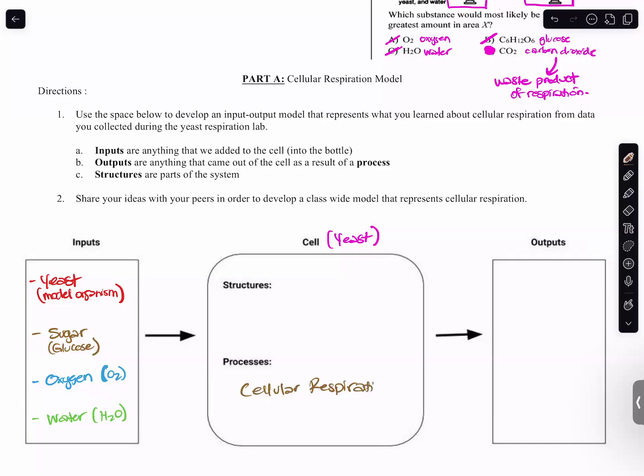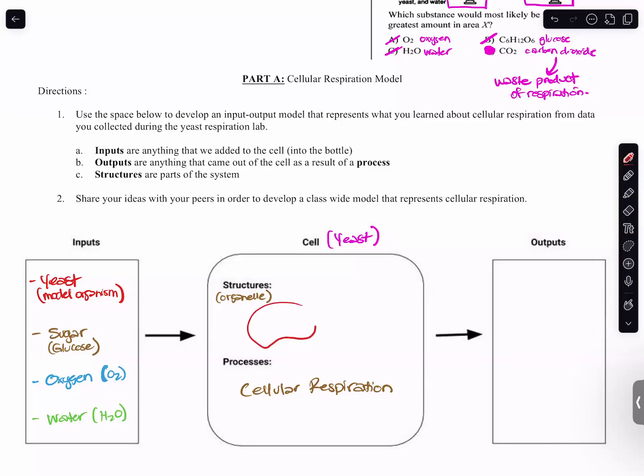Now, what structure, what organelle does respiration always take place in, as long as there's a sufficient supply of oxygen? If you guessed the mitochondria, you are absolutely right.